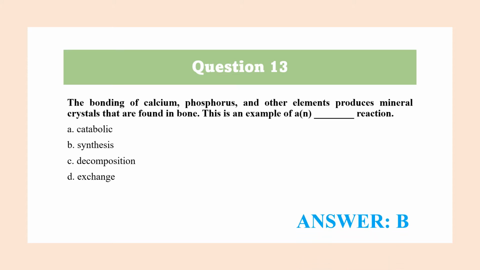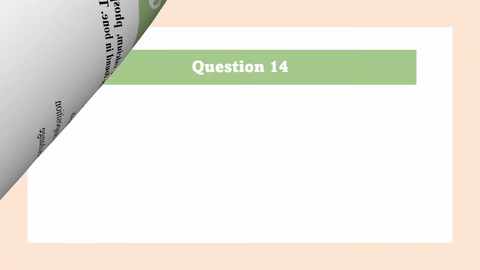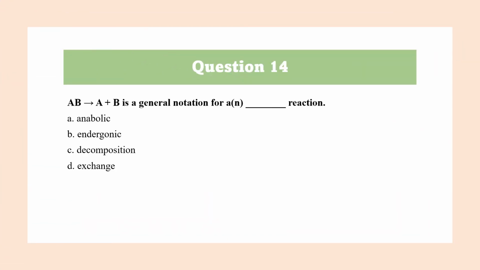The answer is B. It is an example of a synthesis reaction. Number 14. AB gives you A plus B is a general notation for a reaction: anabolic, endogenic, decomposition, or exchange. The answer is decomposition reaction.